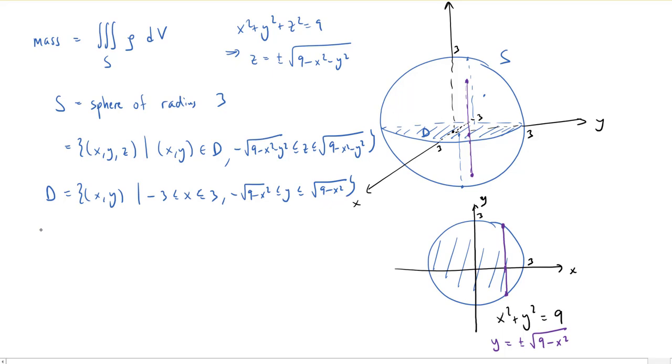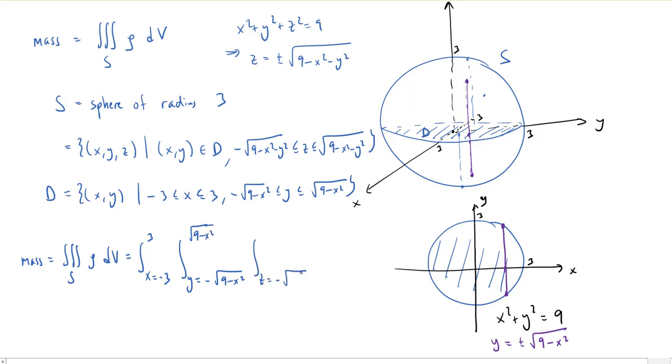All right, well, now we can set up our iterated integral. So the mass, again, is equal to this triple integral, which we can rewrite as an integral where x goes from negative 3 to 3, y goes from negative root 9 minus x squared to positive root 9 minus x squared, and then z goes from negative root 9 minus x squared minus y squared to positive root 9 minus x squared minus y squared.